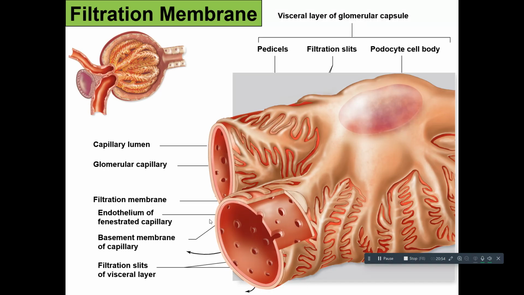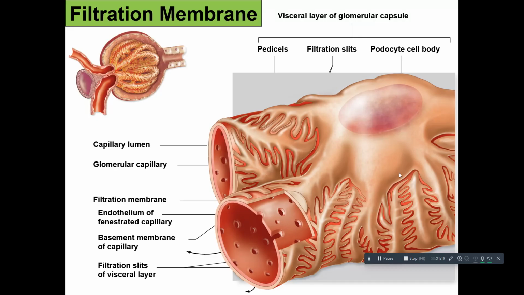The type of capillaries is fenestrated, and we can see the little pores, the little fenestrations. And little holes are what makes a good filter. A good filter is going to have small holes, and fenestrated capillaries definitely fit that bill.